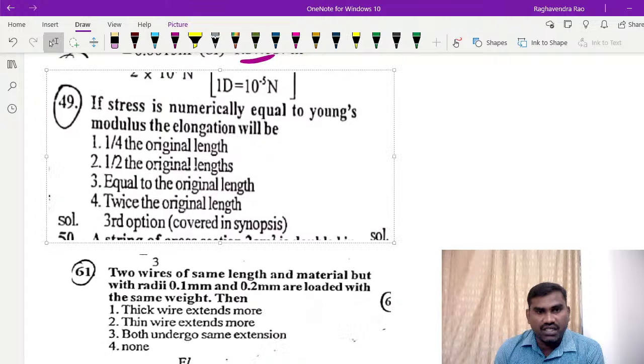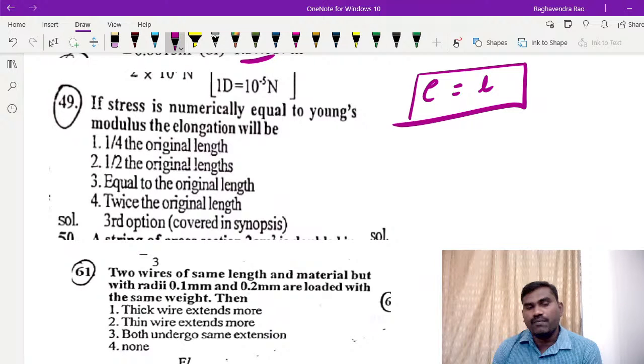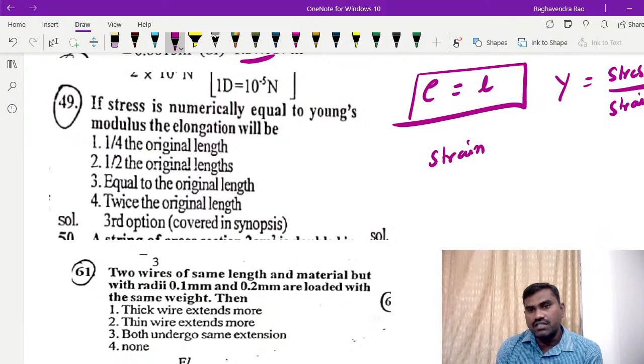Right. Yes. The elongation will be equal to the original length. Stress is numerically equal to strain. So Y is equal to stress by strain, which means strain is equal to stress by Y. If both are the same, they cancel and it is equal to 1.